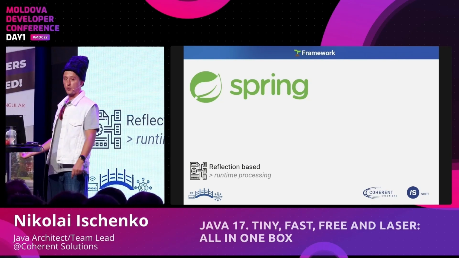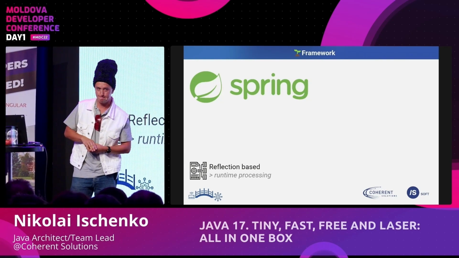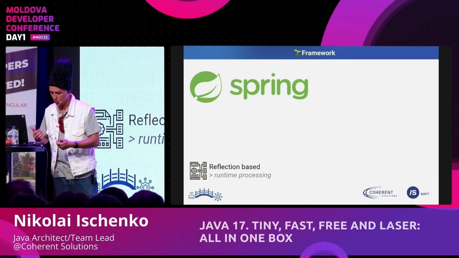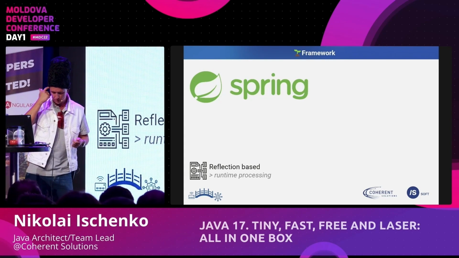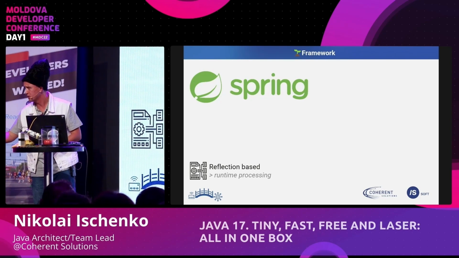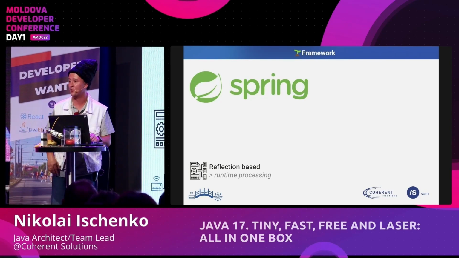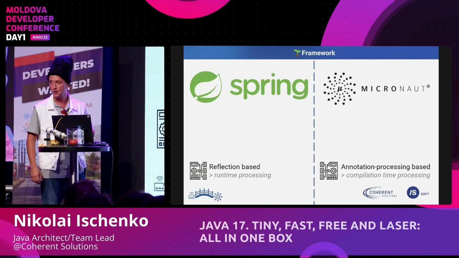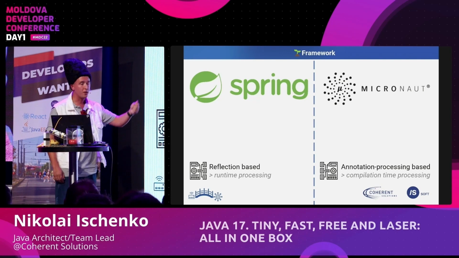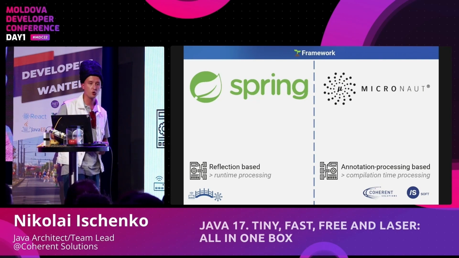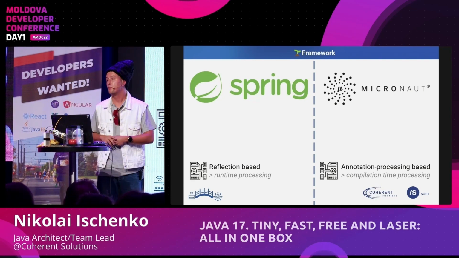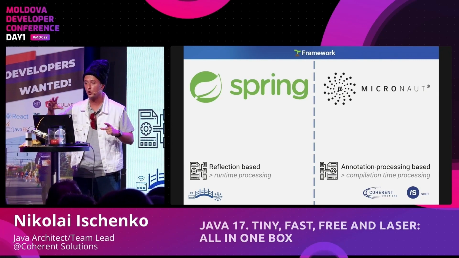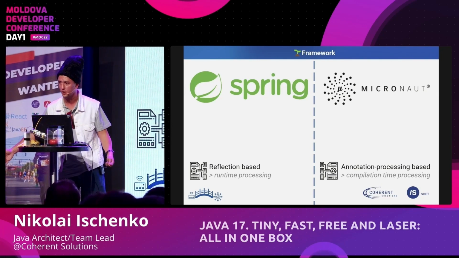Do we have another approach of scanning or managing these dependencies? Yes, we have. I'm talking about the Micronaut framework, and Micronaut has pretty much the same set of starters that you can find on your Spring Initializr site.